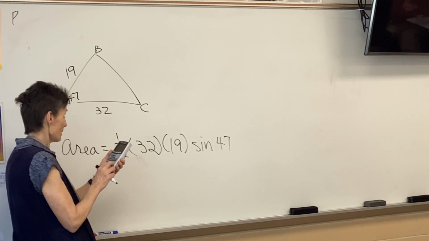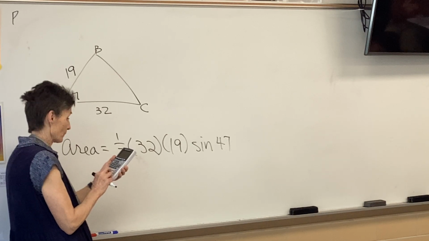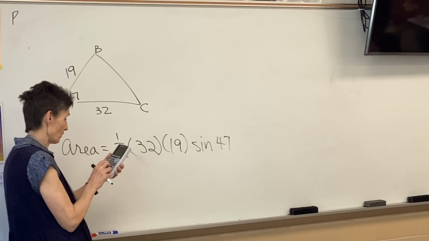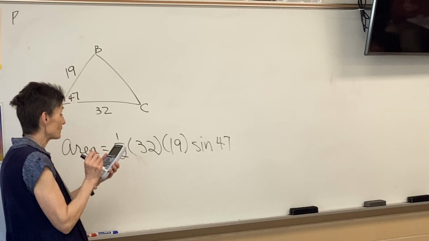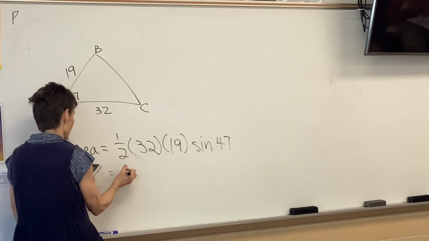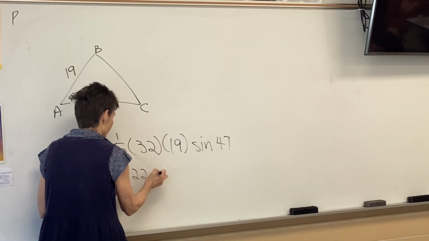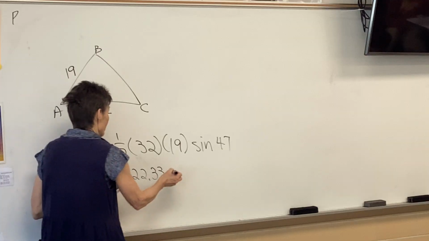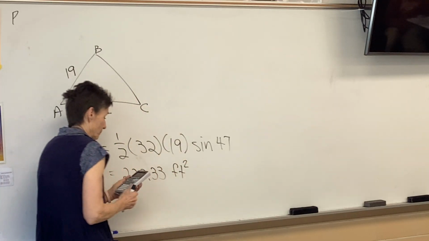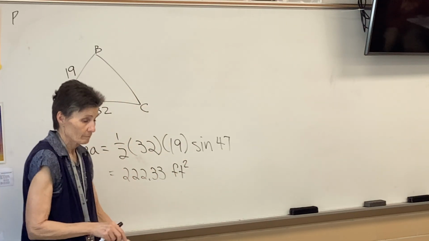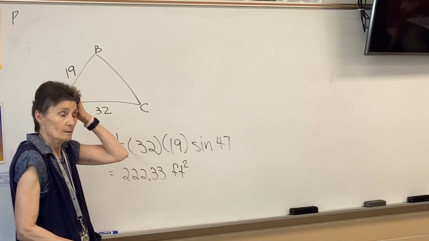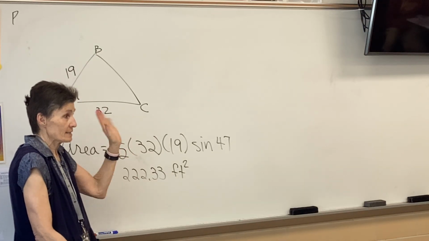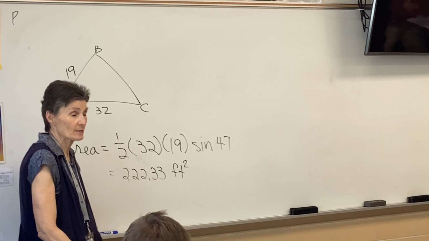So your area, without any work at all on your part, is 222.33, and in this case it would be square feet. One of the easiest things we do in the entire year.